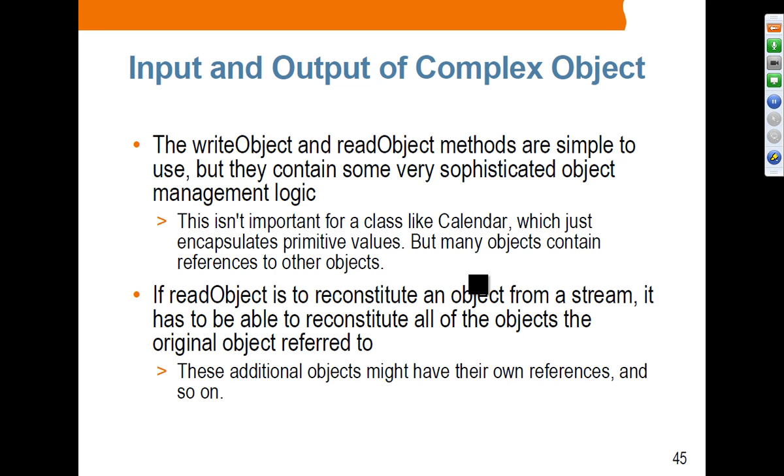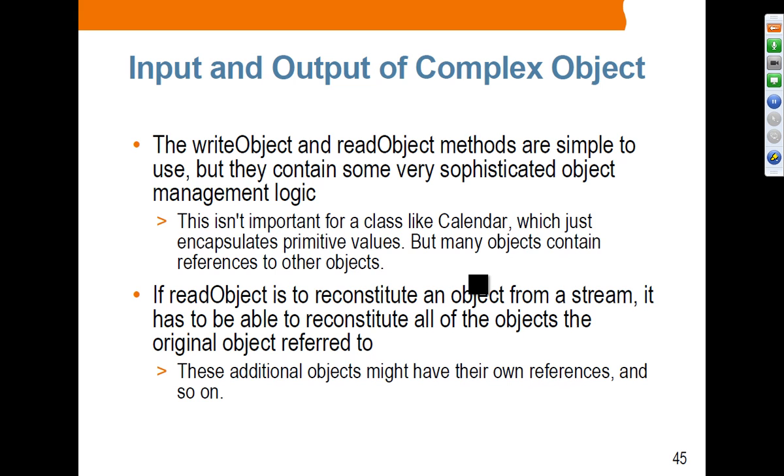So you could have multiple levels of object references. When you save that object, all that information has to be saved into the serialized version of the file. Underneath, it goes through what is called the object graph, which has to be constructed and saved.